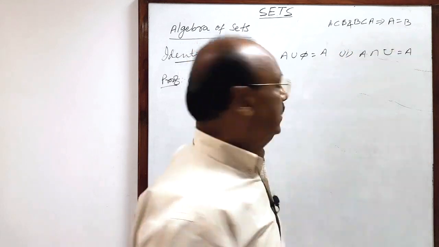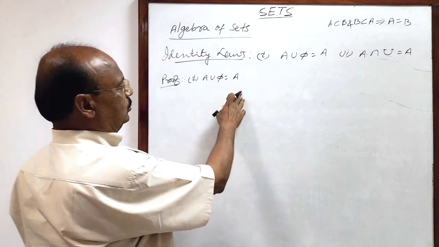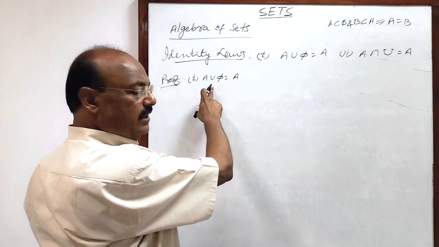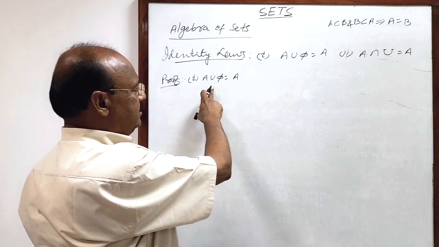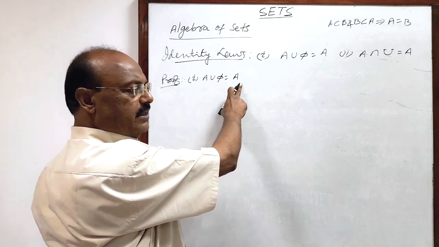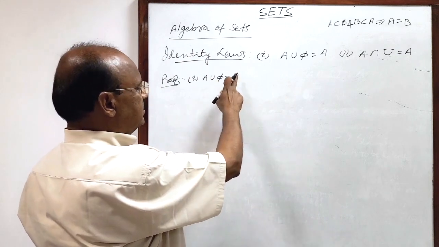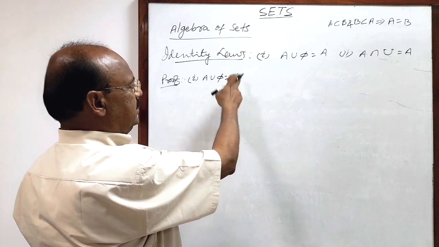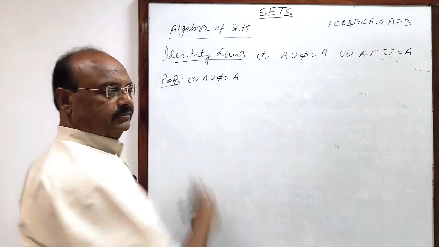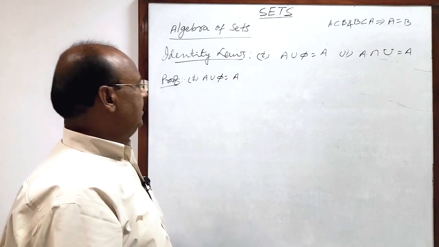Similarly, here we will try to show that the set in LHS, left hand side, is a subset of the set in right hand side, and again the set in right hand side is a subset of the set in left hand side, clear? I am repeating it.